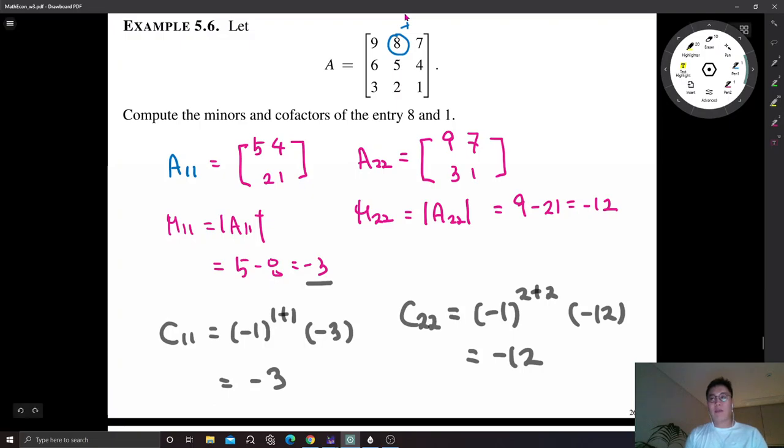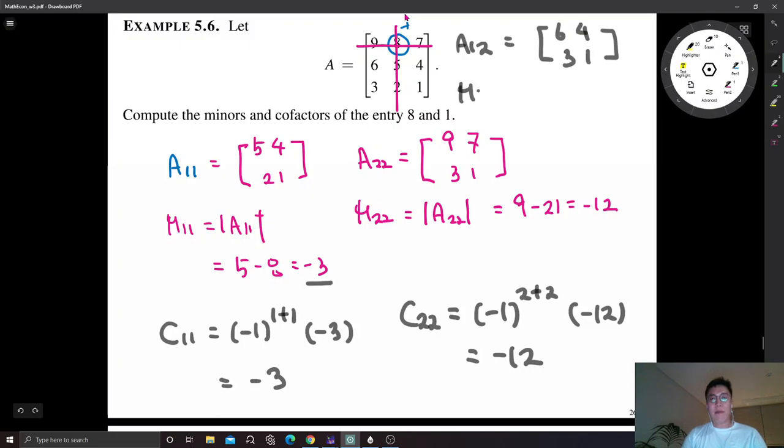To compute the minor associated with the number 8, we need to eliminate the first row and the second column. That is A sub 1,2. After eliminating the row and column, we have this 2 by 2 matrix, 6, 4, and 3, 1.